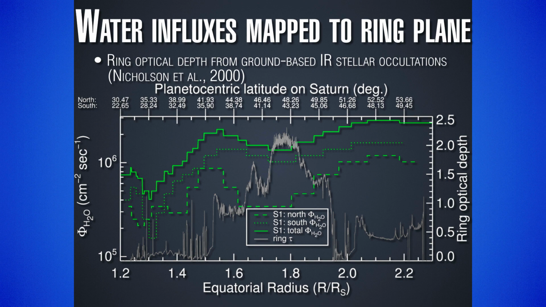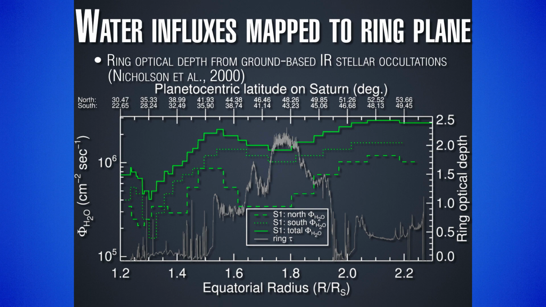The Saturn rings, the main ring system, the ABC rings, are from about 1.25 Saturn radii to 2.25 Saturn radii. And then the green curves show the derived water influxes from the model comparisons with the observations, based on latitude at the top, or mapped to Saturn's equatorial ring plane and Saturn radii at the bottom.